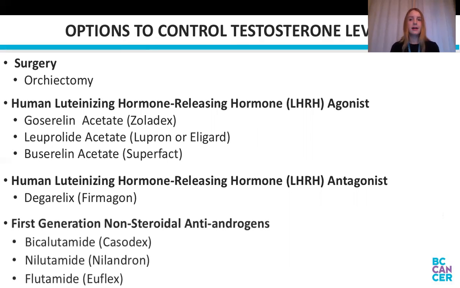And then we also have anti-androgens, which stop the body from using testosterone. These are usually taken in combination with an LHRH agonist, such as Zoladex, Lupron, Eligard, or Supprelin. We'll talk more about how these different treatment options work in the next few slides.